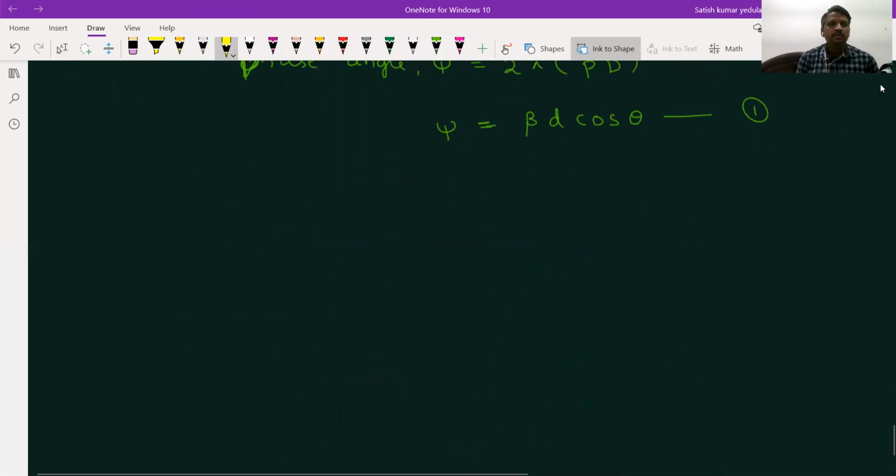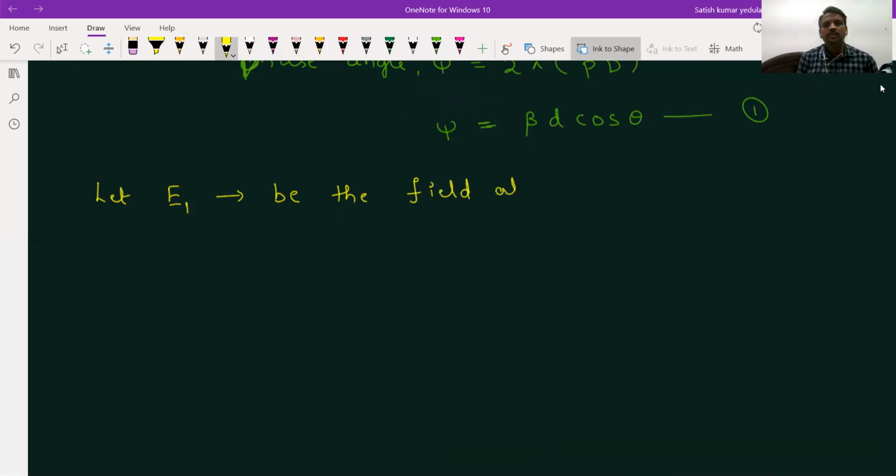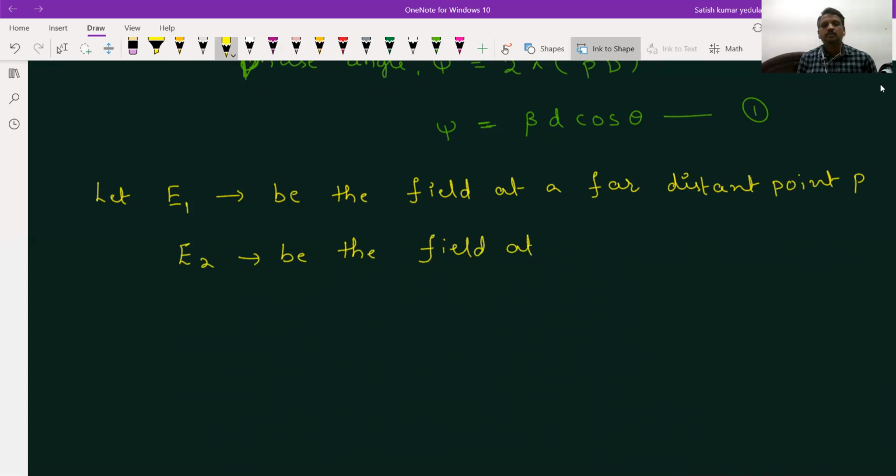Let E1 be the electric field at a far distant point, let us call that P. And E2 be the field at the same far distant point.